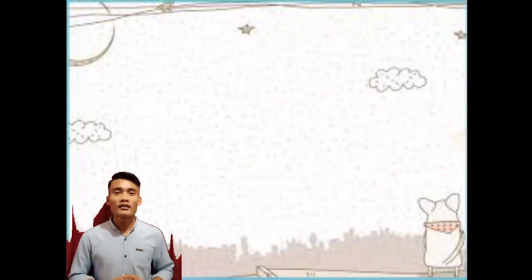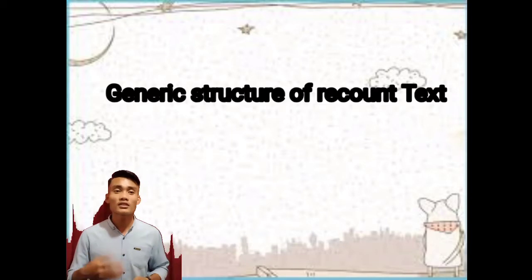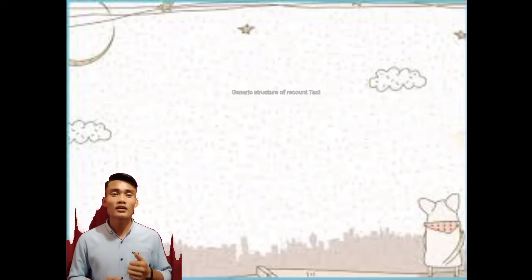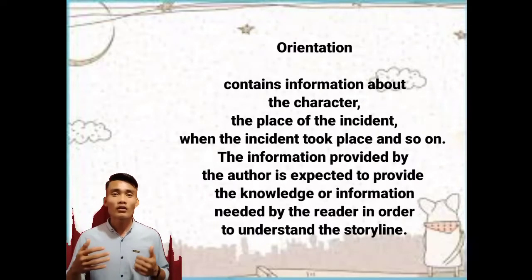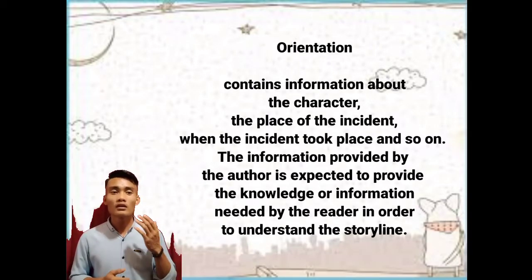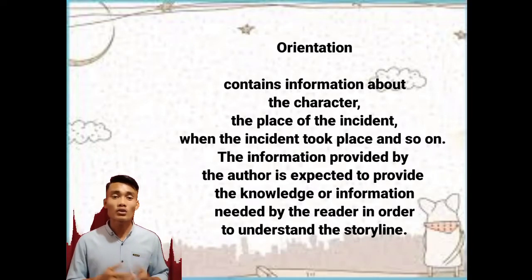Okay, the next subtitle about recount text is the generic structure of recount text. Recount text has 3 main generic structures. The first is orientation. The first structure contains information about the character, the place of the incident, when the incident took place, and so on.